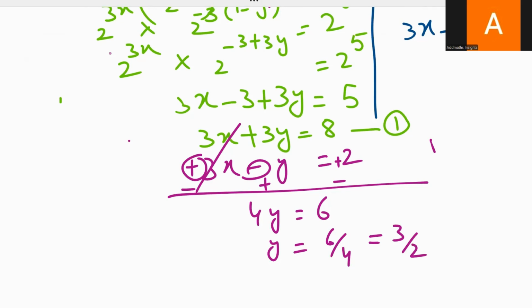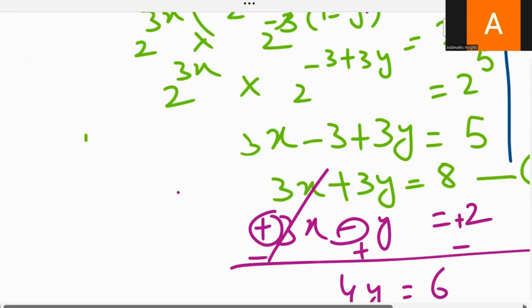And now you substitute this value and can find the value of x.